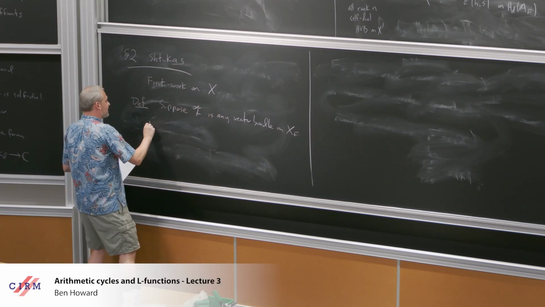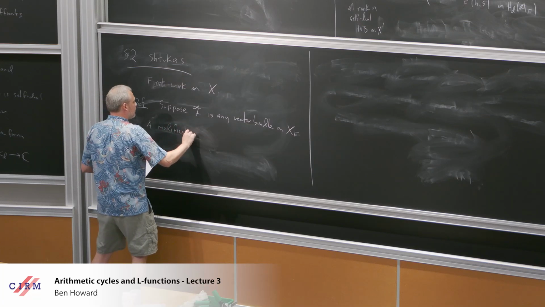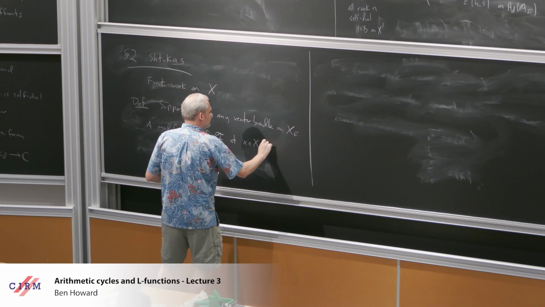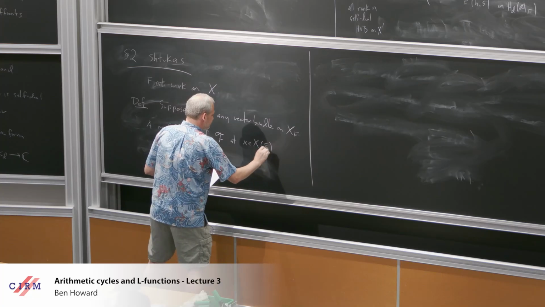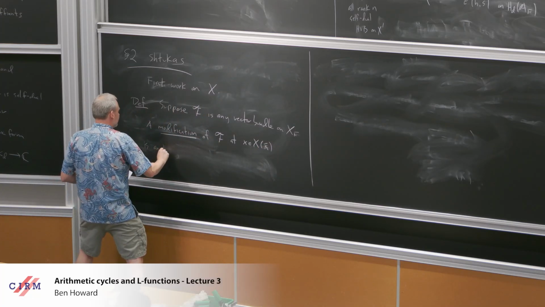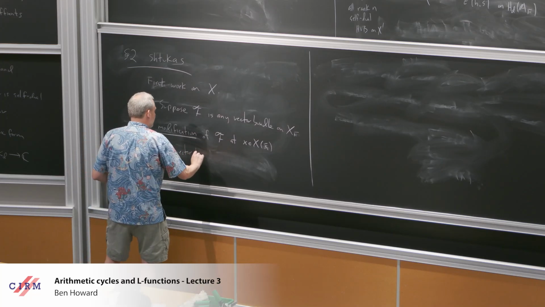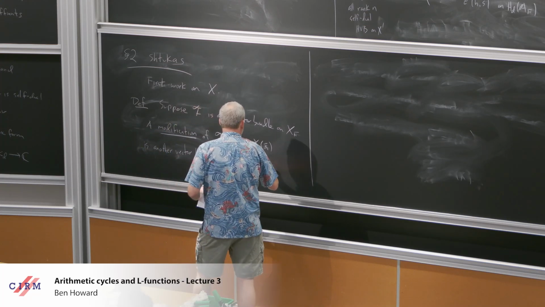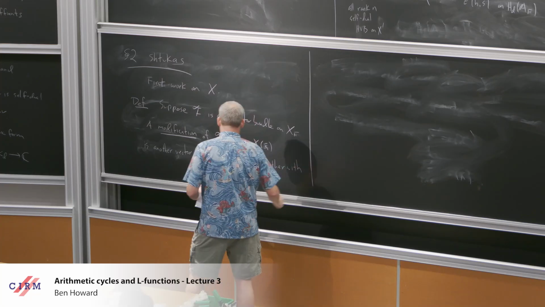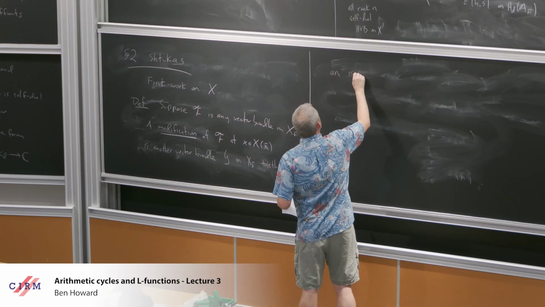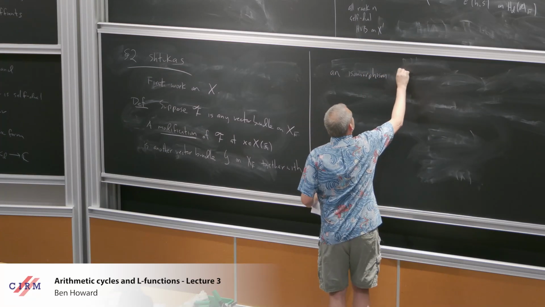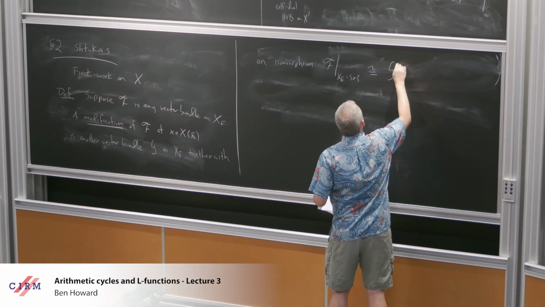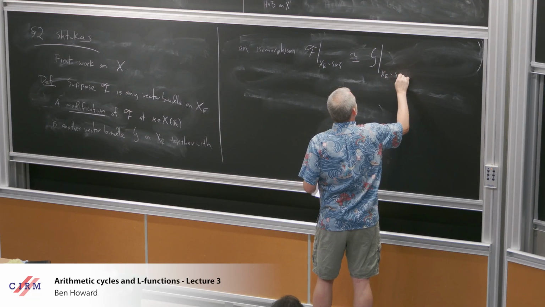Okay, a modification of F at a point x, a closed point of the base change, is another vector bundle G on X_k-bar together with an isomorphism between F restricted to, so I delete my point, I want a chosen isomorphism between my two vector bundles away from this point.